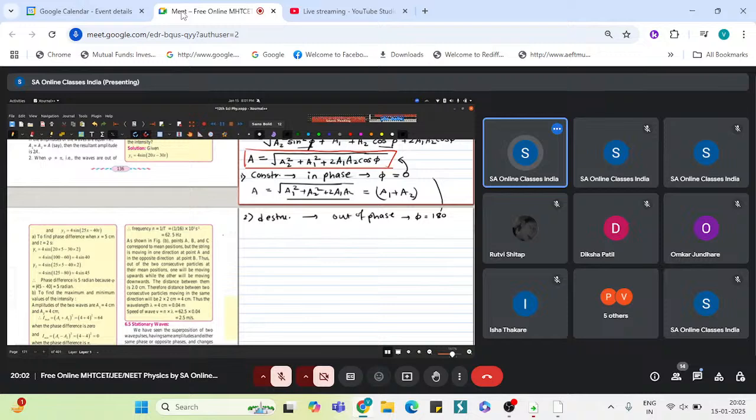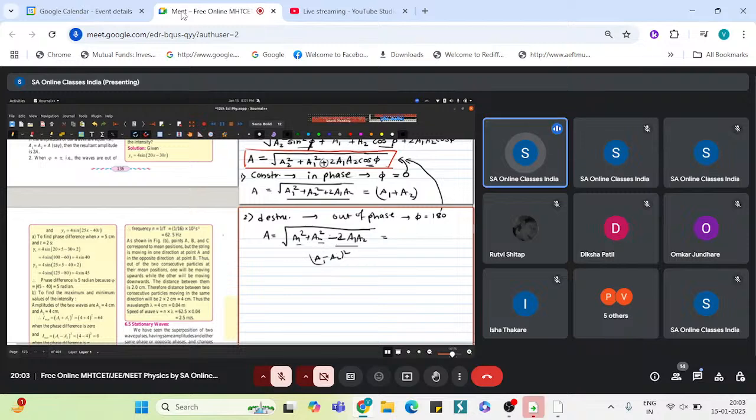And if we now put this 180 degree phase difference into this equation, then cos of 180 is going to be minus 1. Cos of pi is minus 1. So the resultant amplitude is going to be a1 square plus a2 square, and this will be minus 1. So this sign is going to be flipped, and so that will be minus 2a1 a2, and then this is a1 square minus 2a1 a2 plus a2 square, which is just going to be (a1 minus a2) whole square.